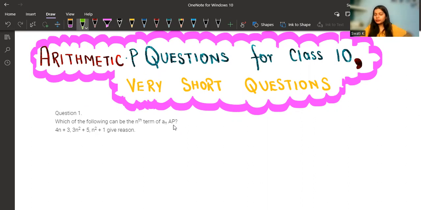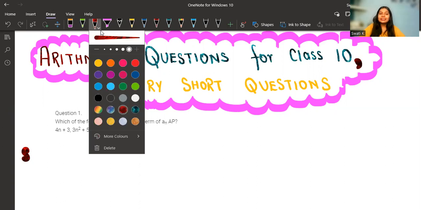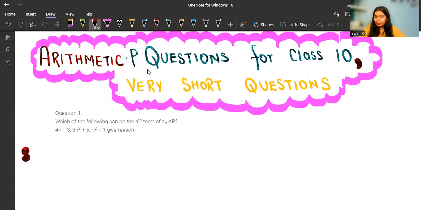So this is our first question. The first question says, which of the following can be the nth term of an AP? So the very first thing that we should be aware of is that in an AP, the very basic formula that we use is an equals a plus n minus 1 into d.